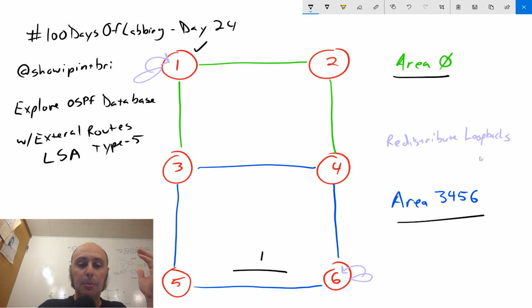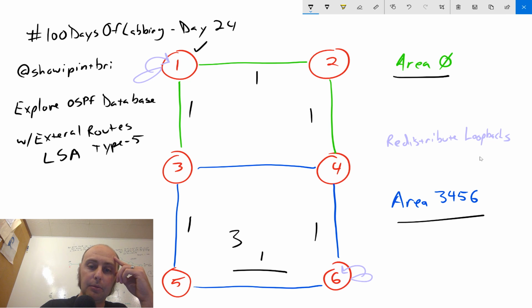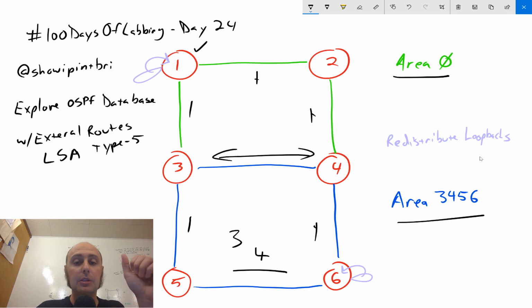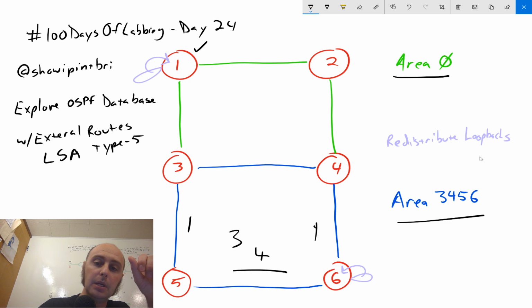And because I know this topology, they're gigabit Ethernet segments, it's a cost of 1 and a cost of 1. So 1, 2, 3 is the total. But if we go another way, it's going to be 1, 2, 3, 4. It's going to give you a cost of 4. And if you try to traverse this link in the middle in either direction, it's going to add a cost of 1. Okay, so that's why we only end up with 1 there.